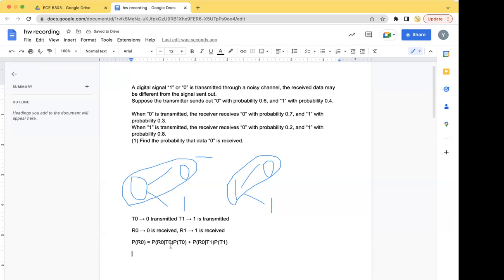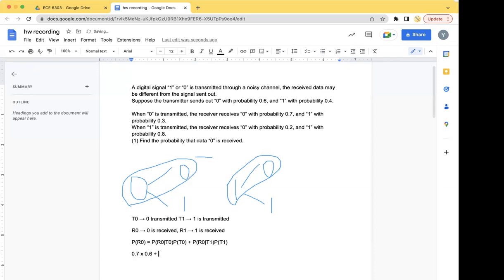When signal 0 is transmitted and 0 is received, the probability is 0.7, and the probability of signal 0 being transmitted is 0.6.